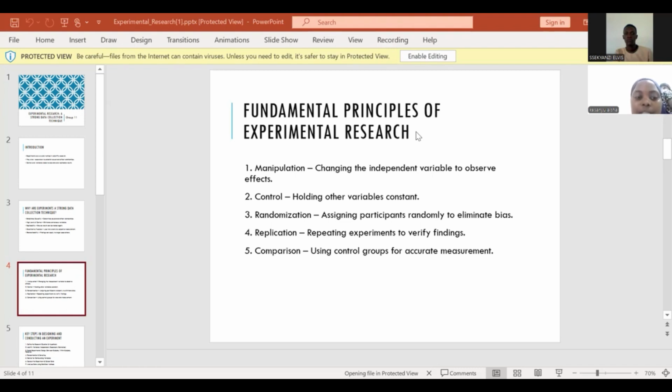So for the replication here, it involves repeating experiments to verify findings, whereby this builds confidence that results are valid and reliable, so not just by chance. I can take you through the next slide, slide 5.